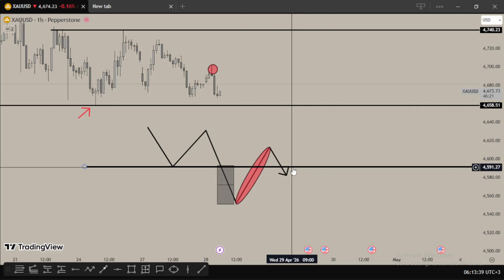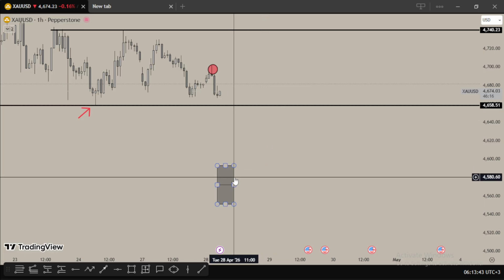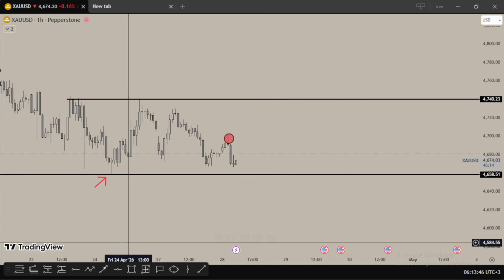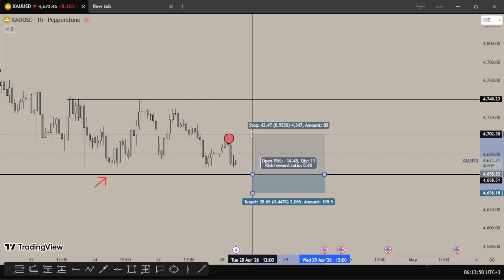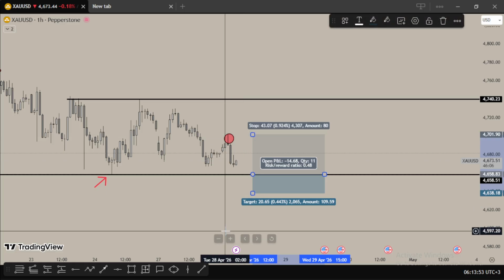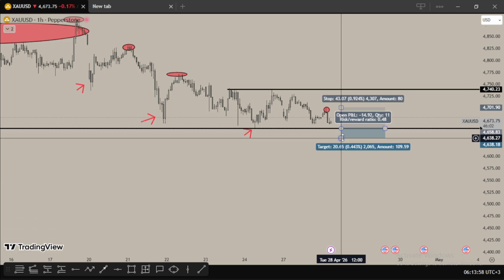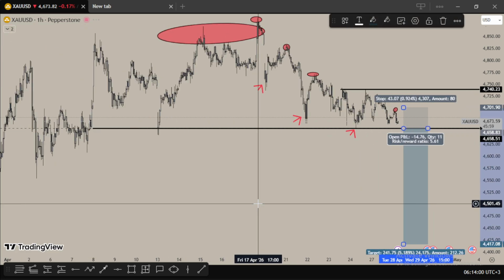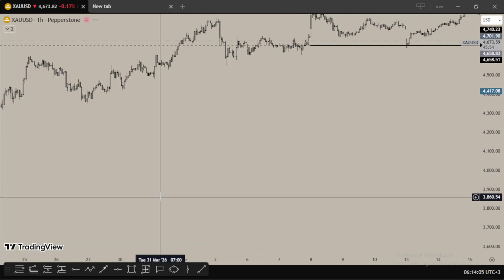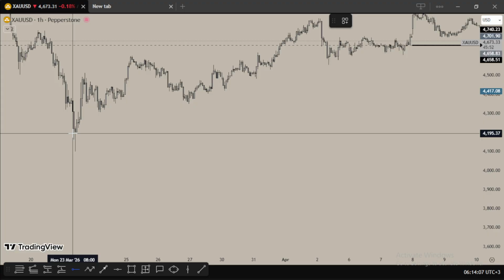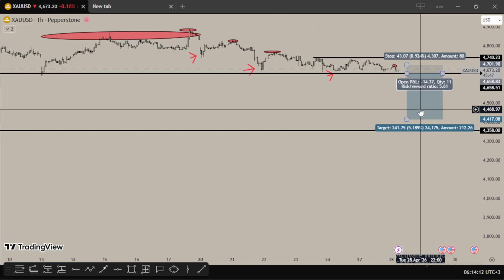Now we want to execute sales in this market when price pushes beneath 4658, which means that we'll be placing the stop loss there, and then the take profit target. I'll be targeting the low in the daily time frame. This is the lowest place, also in the 1 hour time frame, around here. That will be our target.